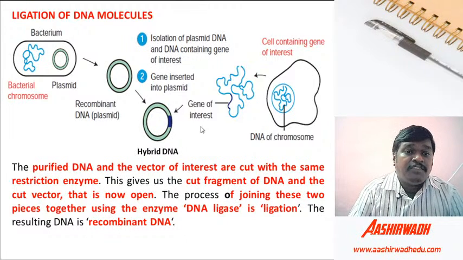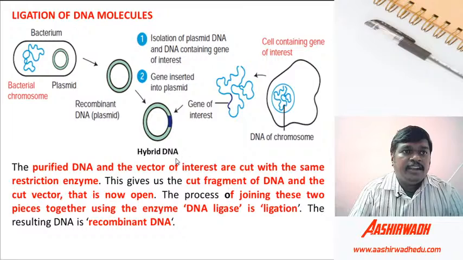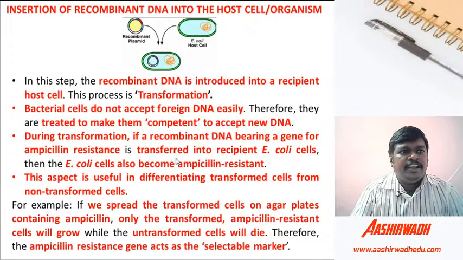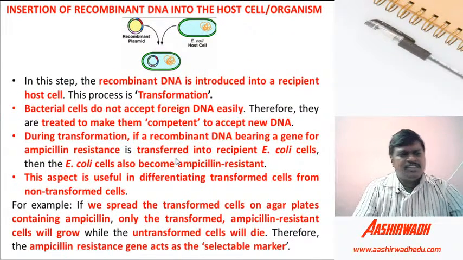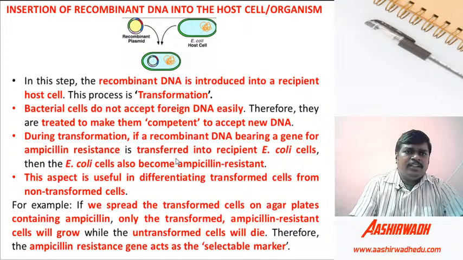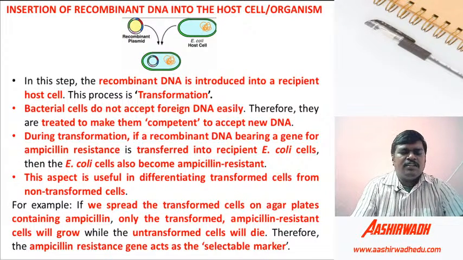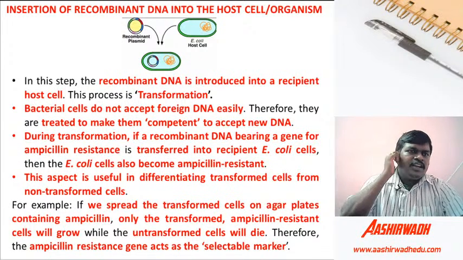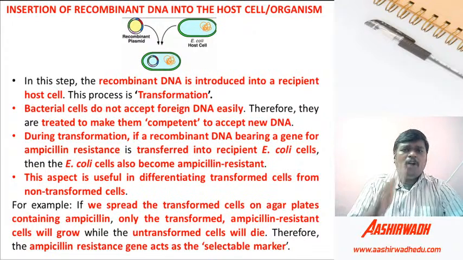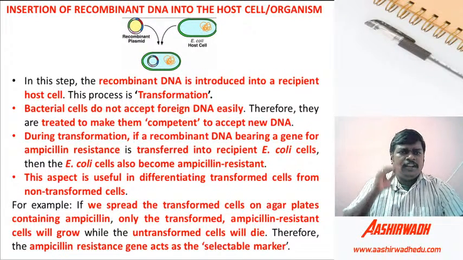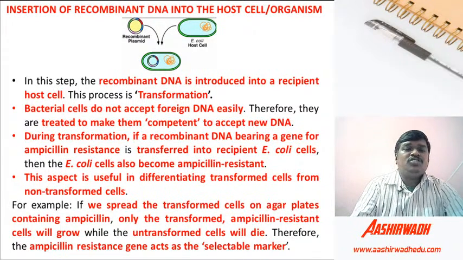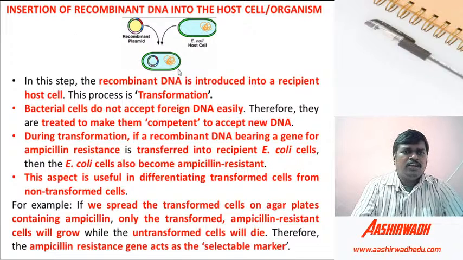And after that, the hybrid DNA is produced. Once the hybrid DNA is produced, the next process is insertion of the recombinant DNA into the host cell. That process is called transformation, where you have to take the host cell.